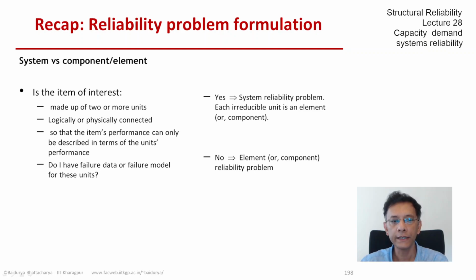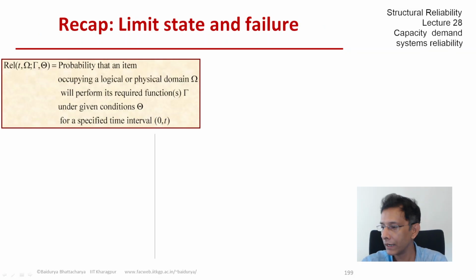So let's now see how the system comes together in terms of its element limit states. Recall that we defined reliability of an item of interest as the probability that it serves its purpose satisfactorily over the entire duration of interest, 0 to t, under given conditions.